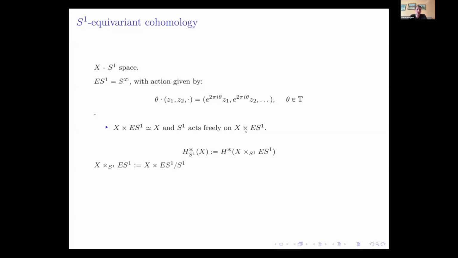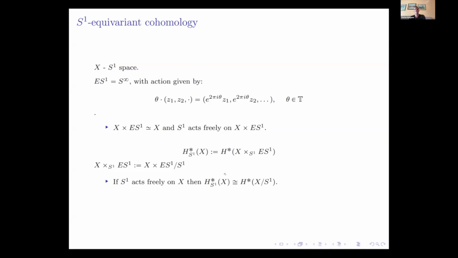So now we define S1 equivariant cohomology just as the cohomology of the S1 quotient of the product of these two spaces. And the next thing shows the naturality of the definition. So if we have a free action, this S1 equivariant cohomology is just the cohomology of the quotient.